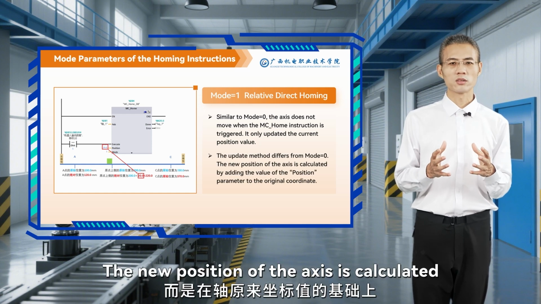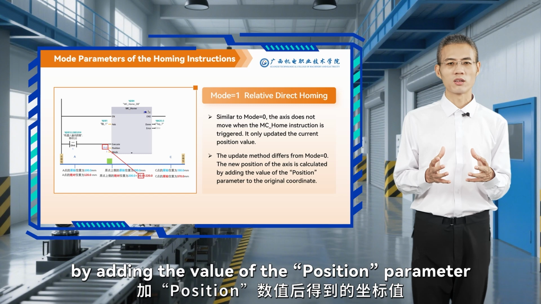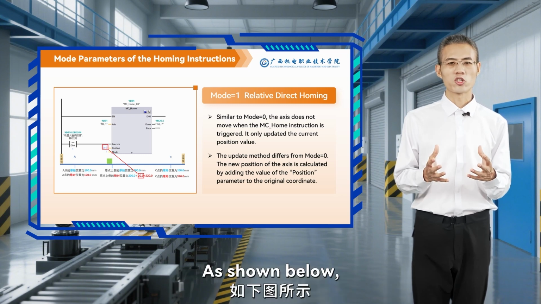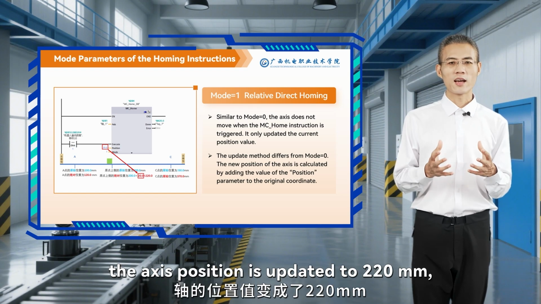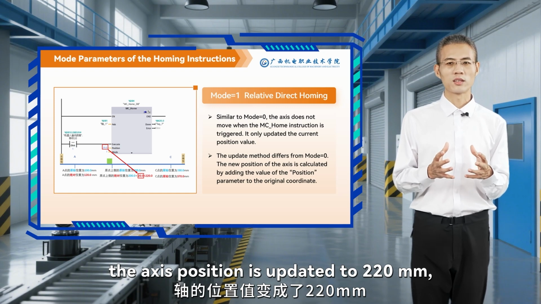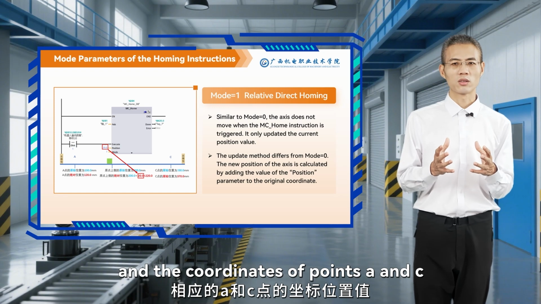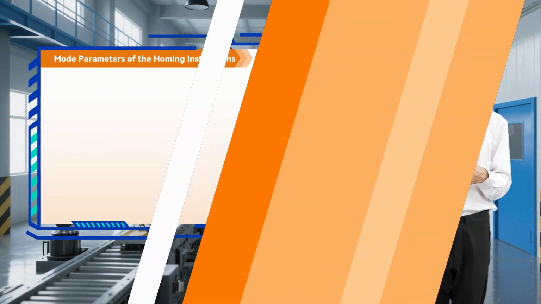The new position of the axis is calculated by adding the value of the position parameter to the original coordinate. As shown below, after executing the MC Home instruction, the axis position is updated to 220 mm and the coordinates of points A and C are adjusted accordingly.